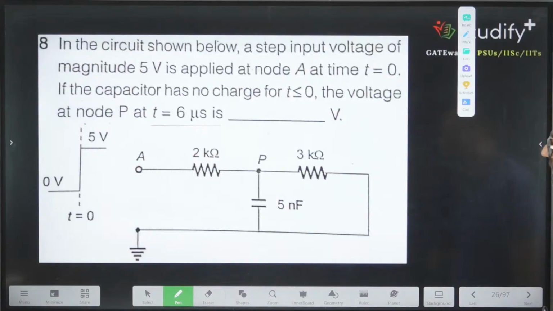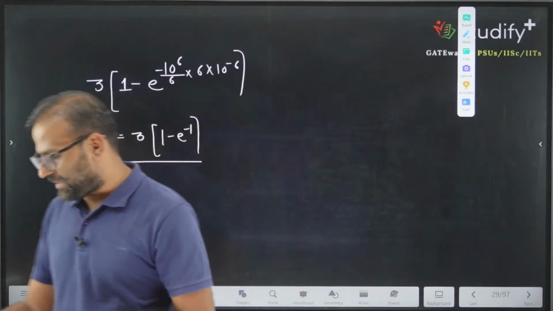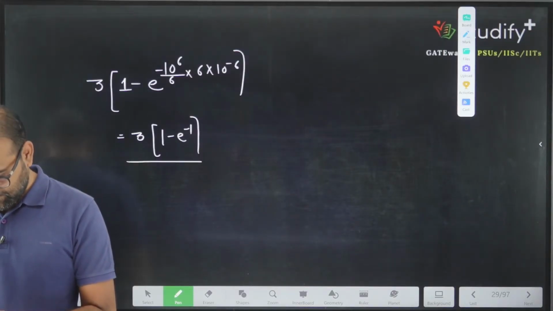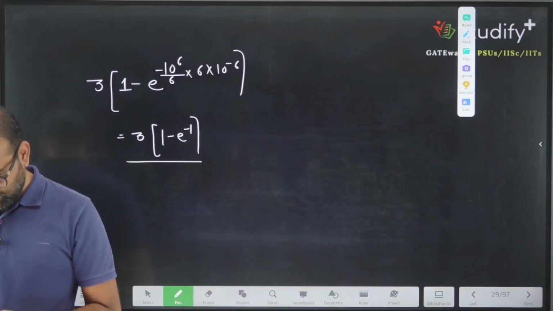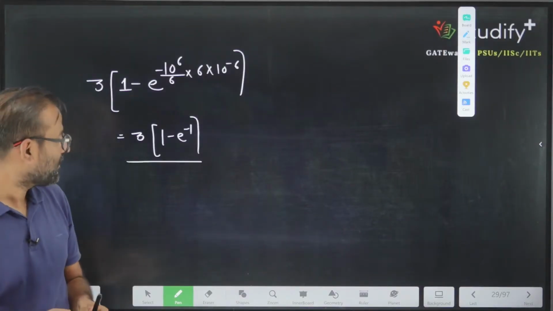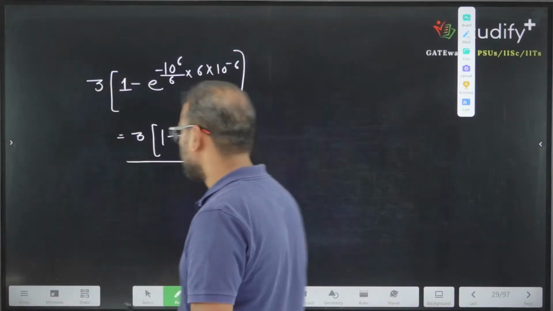They are asking the value at t equal to 6. So what is the value at t equal to 6? 1 minus e to the power minus 1, 0.63. 1.89 is the correct answer.